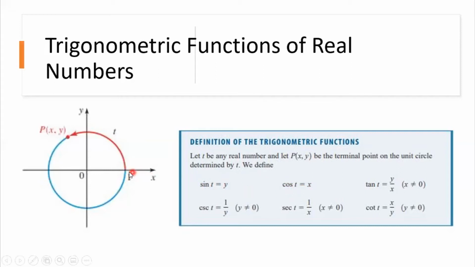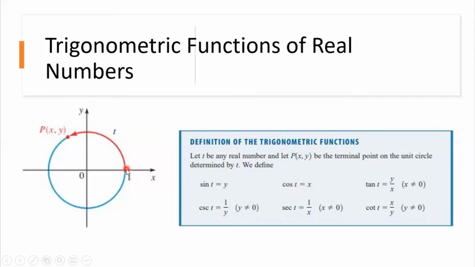For example, we have the real number 0, meaning the angle measure is 0, and it is in radians. So cosine 0, what's the value? It is equal to x.